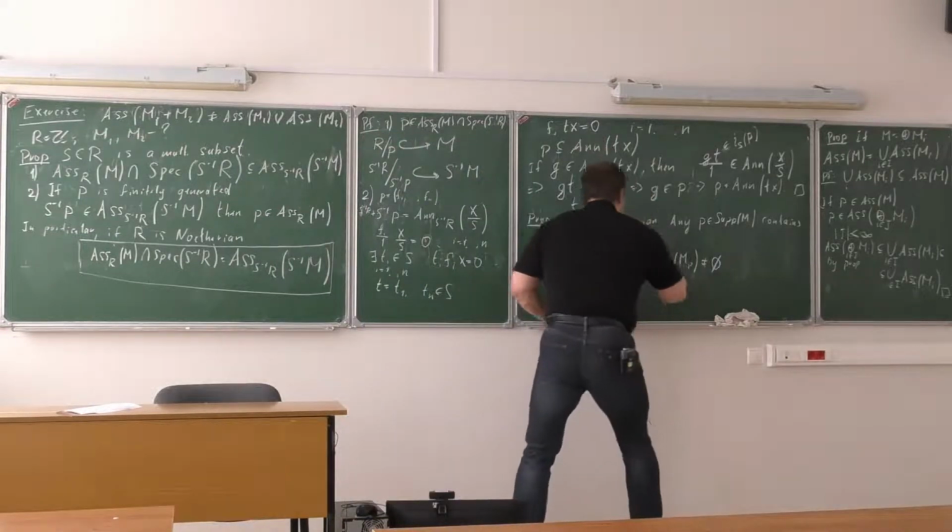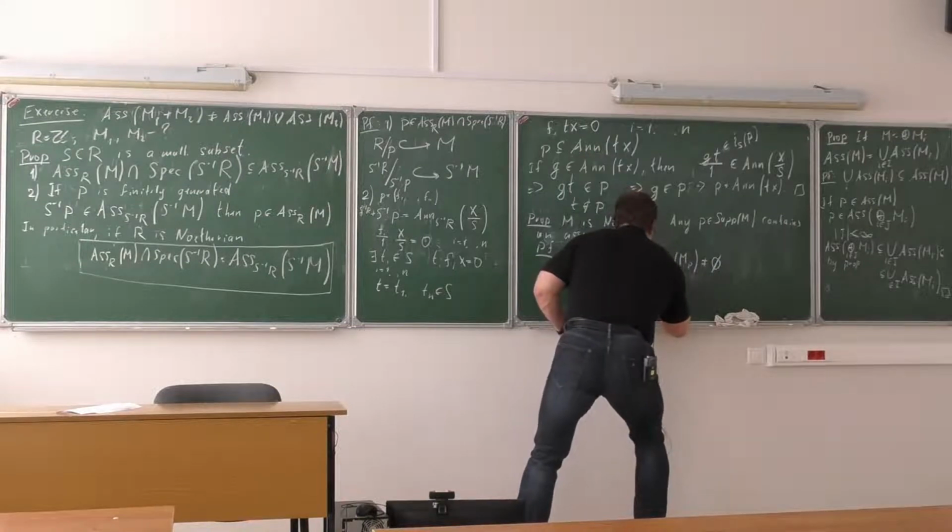So there is one, and we know how all prime ideals in the localization look like.